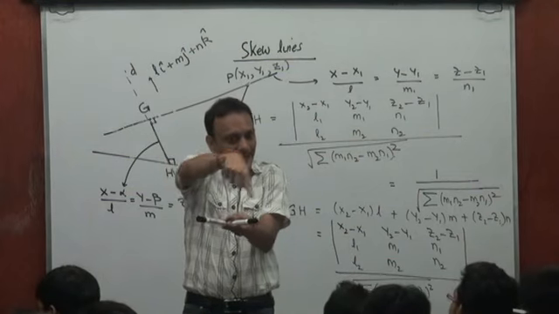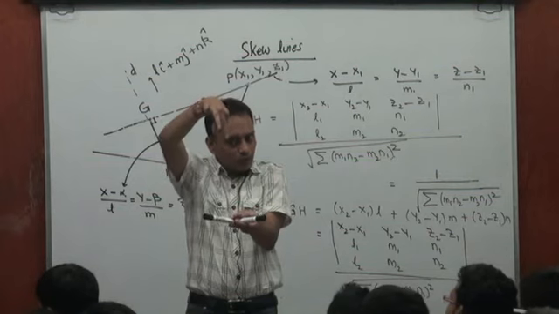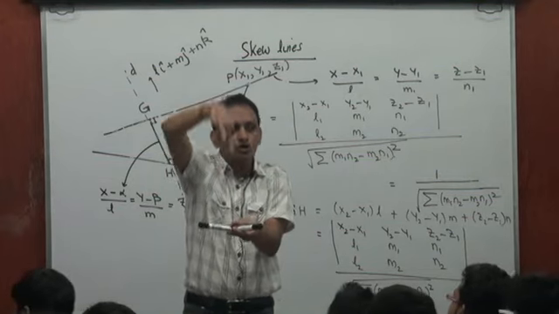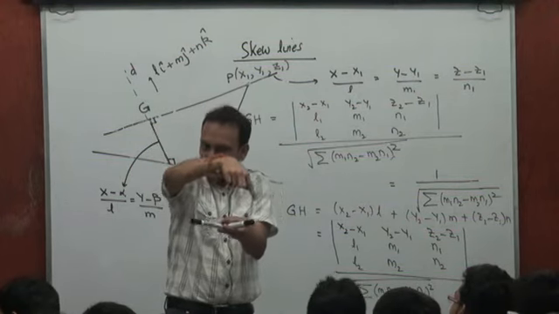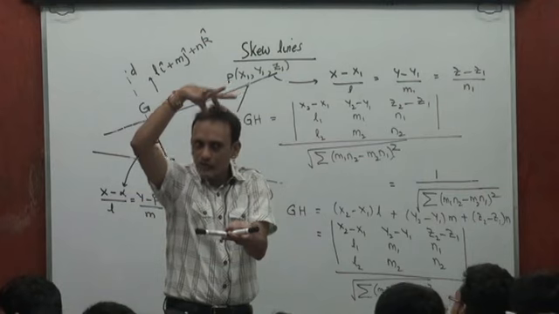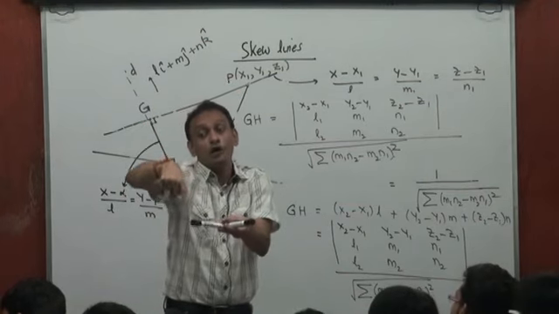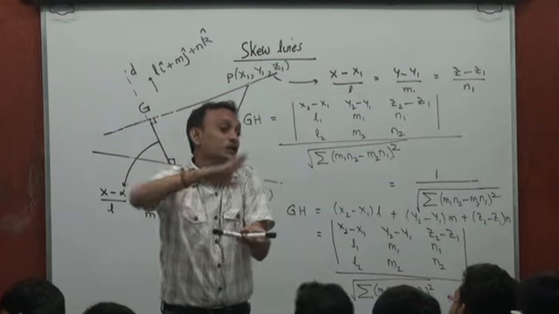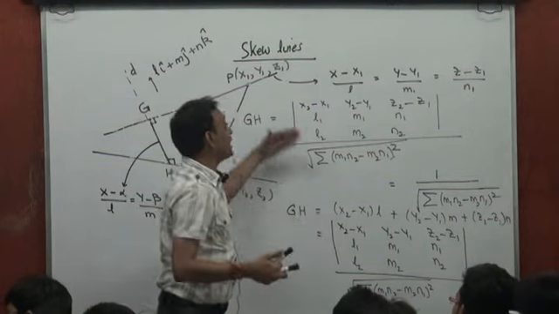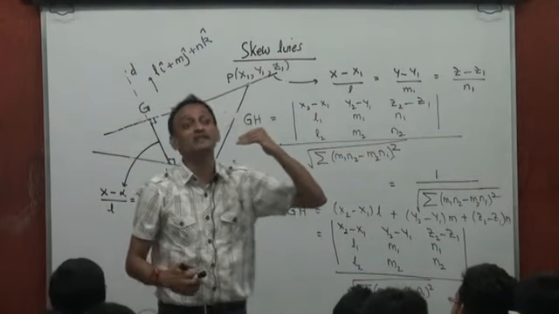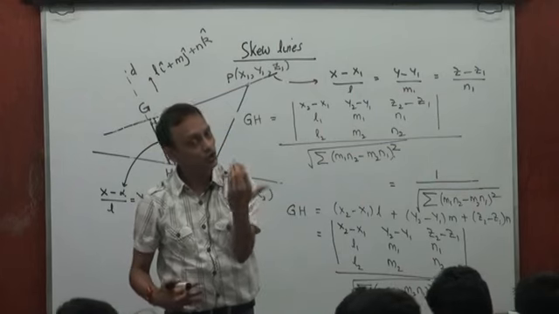We can think of a plane constituted by these two lines such that the normal to the plane is going to be b1 cross b2. If b1 is a vector parallel to this line, b2 is a vector parallel to this line, then b1 cross b2 would be perpendicular to both the lines and will therefore be a vector normal to the plane containing b1 and b2. So if two lines intersect, that means if GH is 0, then the two lines have to be coplanar. If GH is 0, the lines ought to be coplanar.